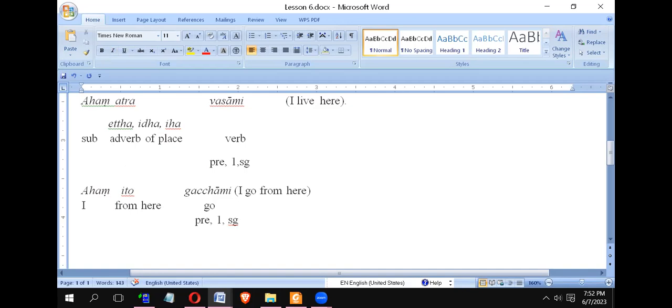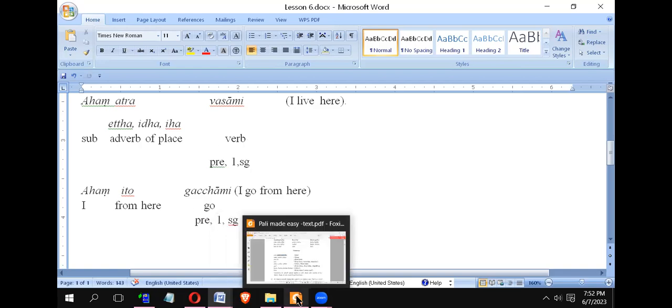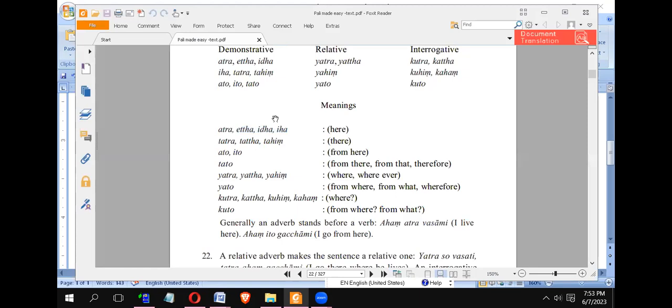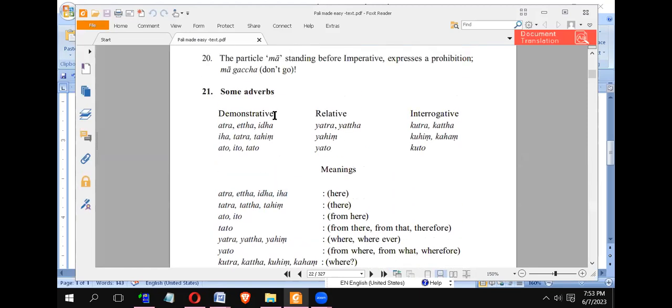Jenny, please say first. Instead of adverb of place, can we just follow the textbook and put demonstrative adverb? Right, because the book also mentioned this is an adverb. Yeah, demonstrative, under here.